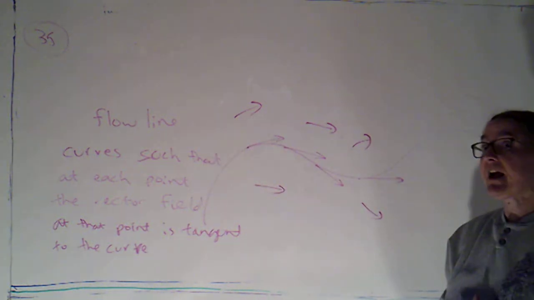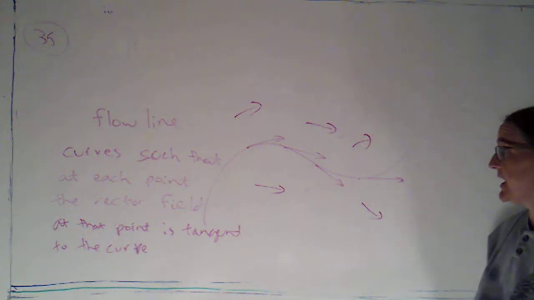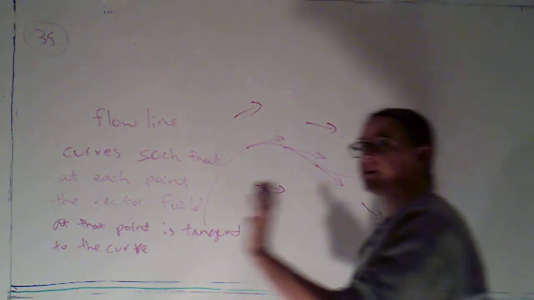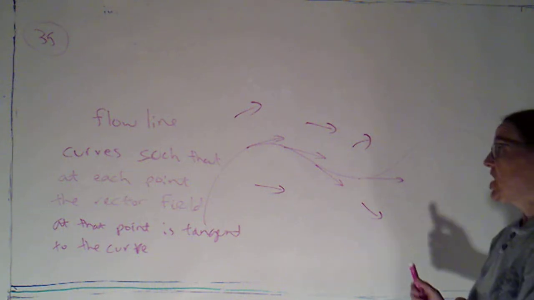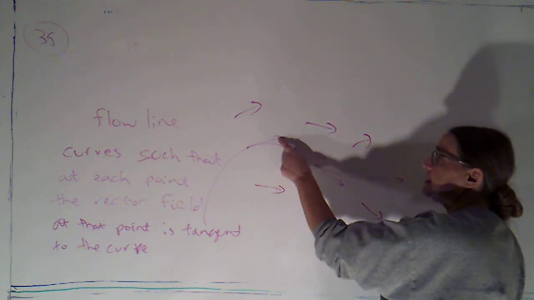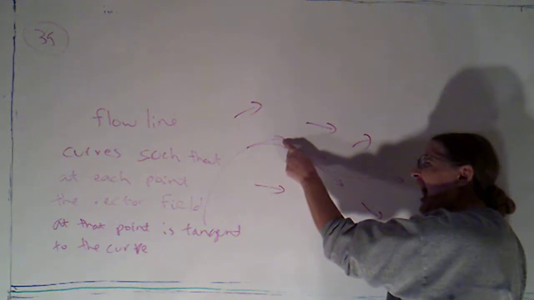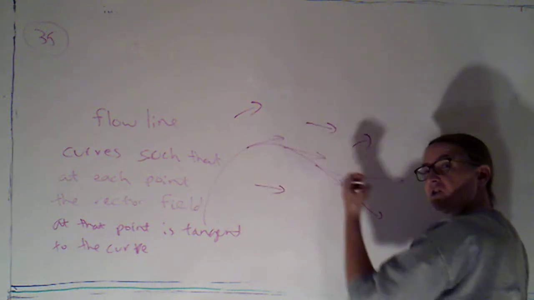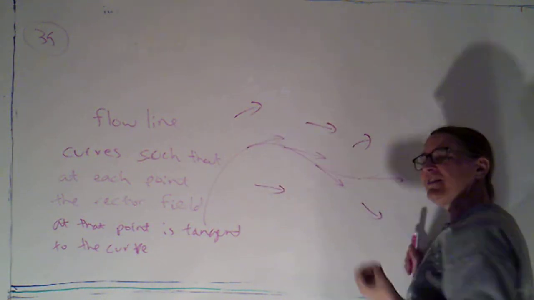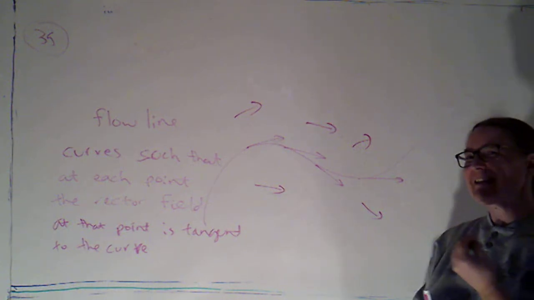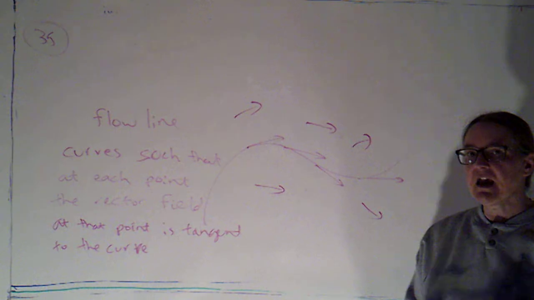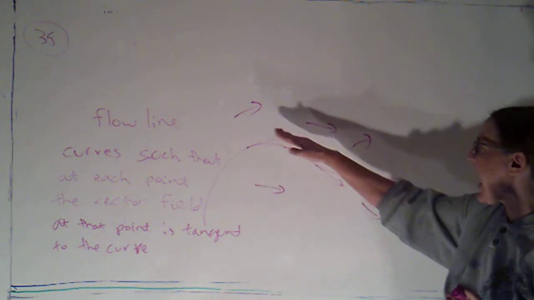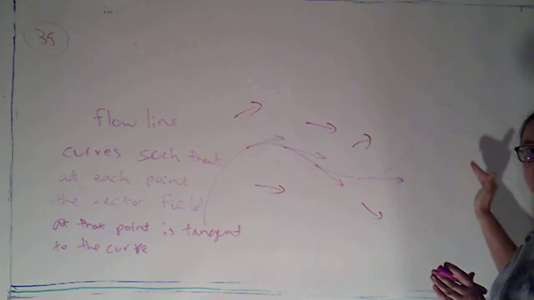However, if I have a force field, okay, forces do cause objects to move, but forces cause acceleration. So if I have a force field, the directions of these vectors are not necessarily the directions in which the object is moving, they're the directions in which the object is accelerating. We still call them flow lines, but we don't want to think of them as the paths along which anything is moving.